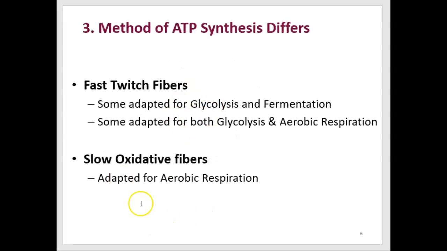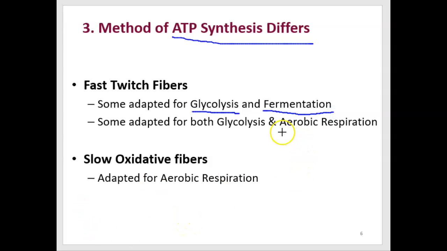Now, the difference in how each type of muscle fiber makes ATP will make us look back at ATP synthesis and the different steps involved in that. So you may recall that glycolysis starts with glucose and it ends with pyruvate, and then the pyruvate can be broken down into lactic acid through a process called fermentation.